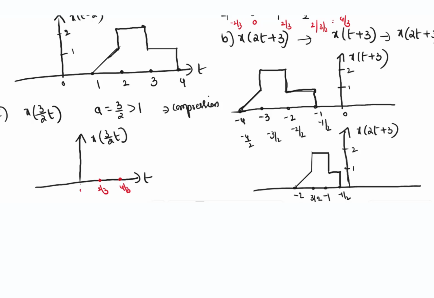This is 4 by 3. This is 0. And this is minus 2 by 3. But no change for the amplitude. So ramp, this is the signal, x of 3 by 2 into t.